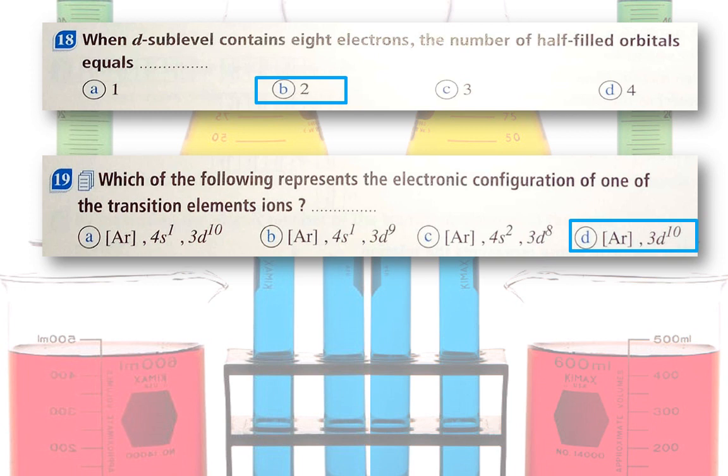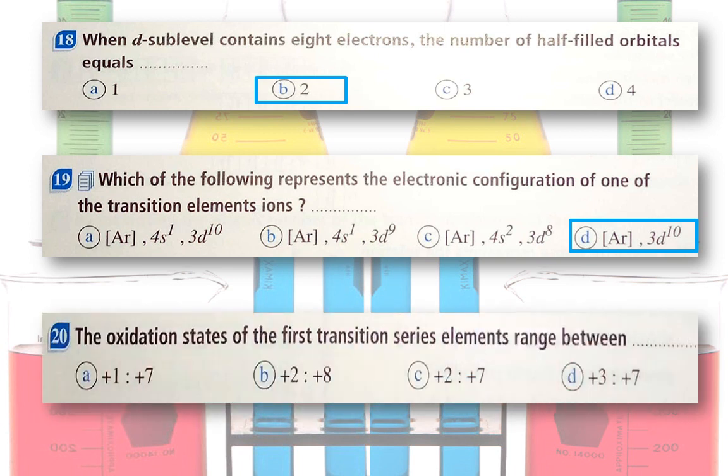It means that we have an ion with a completely filled 3d orbital. In question number 19, we can neglect s, as s does not contain any electrons. We can write 3d10, completely filled with electrons.